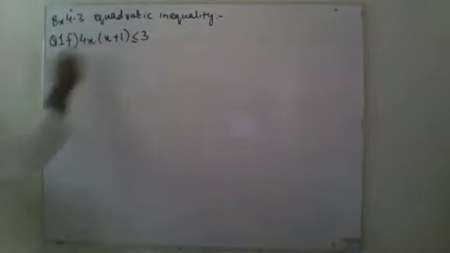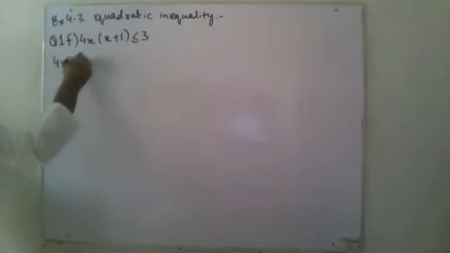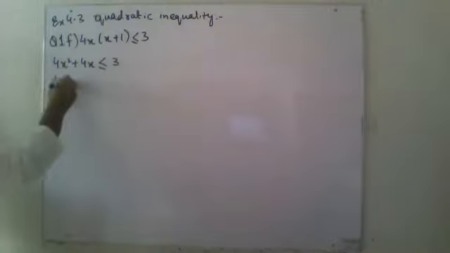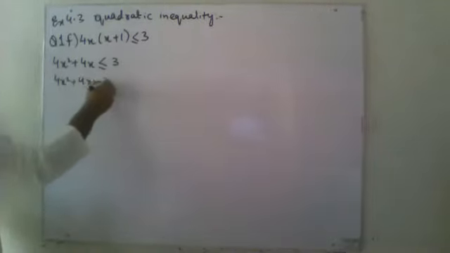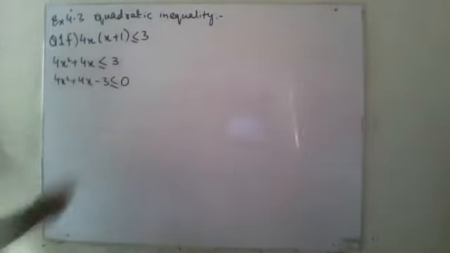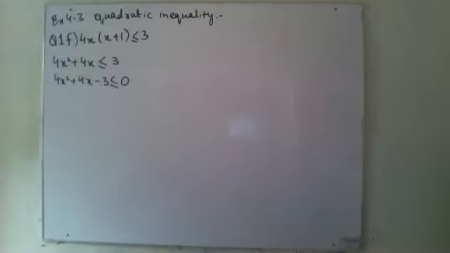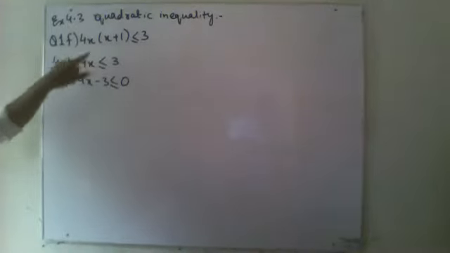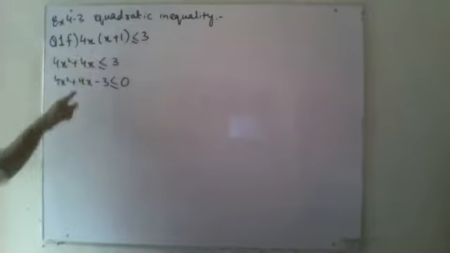So, 4x square plus 4x lesser than or equals to 3. 4x square plus 4x minus 3 lesser than or equals to 0. So this I have got right now. 4x into x is 4x square, 4x into 1 is 4x, and this 3 which is shifted over here is minus 3 now.